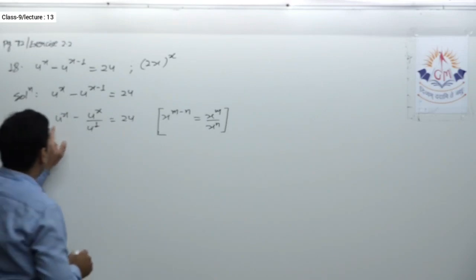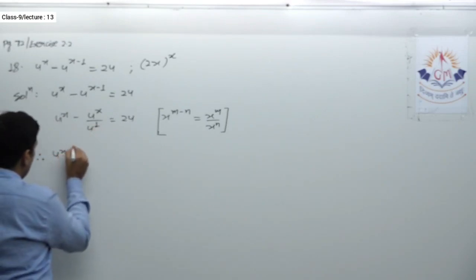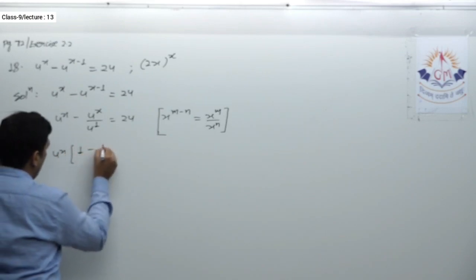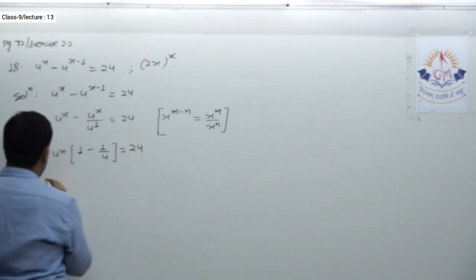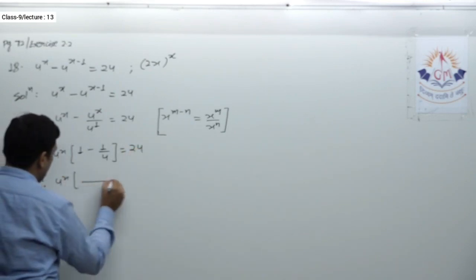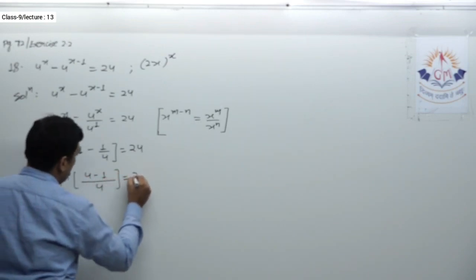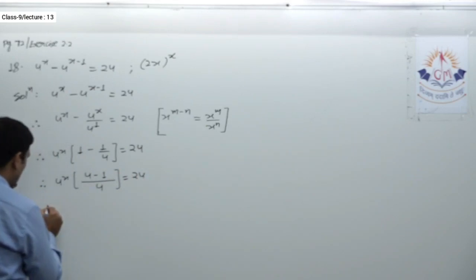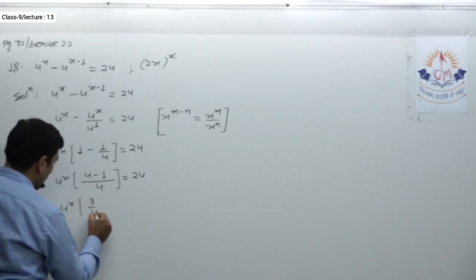Now from these two I can take 4 raised to x common. So here I will get 1 minus 1 upon 4 is equal to 24. Now on simplifying it further, when I take LCM 4, I will get 4 minus 1, that is equal to 24. On further simplification, I will get here 3 upon 4.